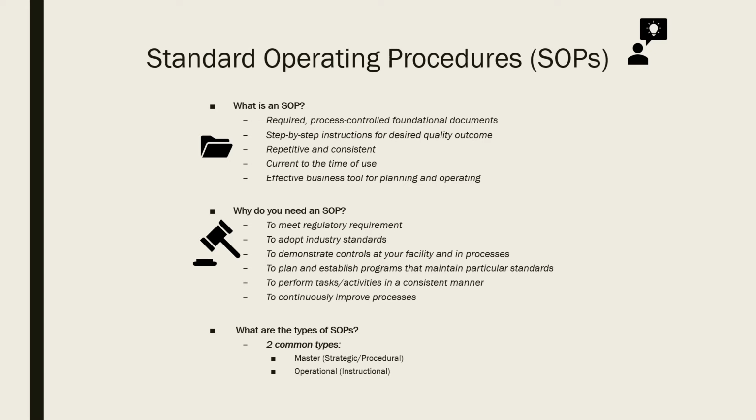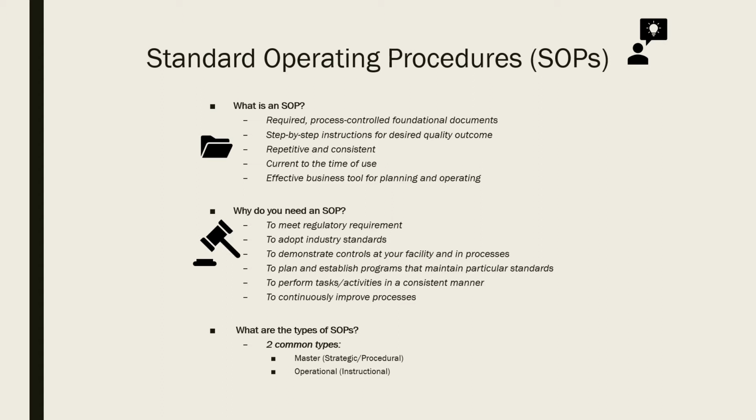It is important to have SOPs because they provide the step-by-step instructions needed to complete specific tasks. They must be current to the time of use. An outdated SOP is a dangerous SOP. They are effective business tools. They are the foundation of your operations.